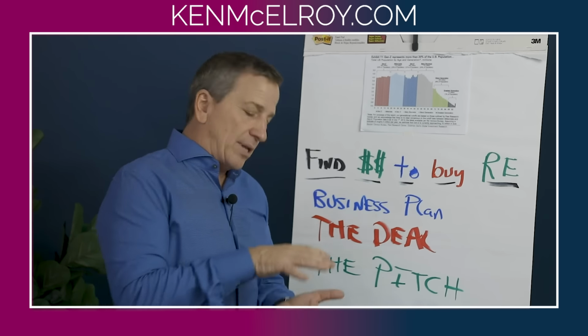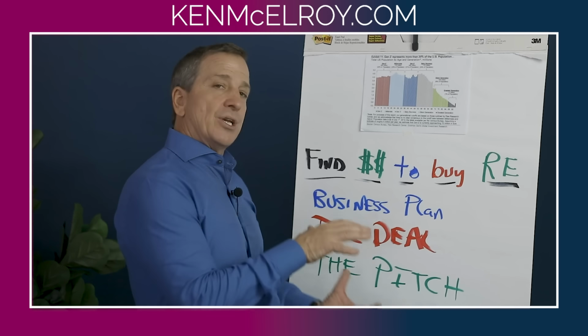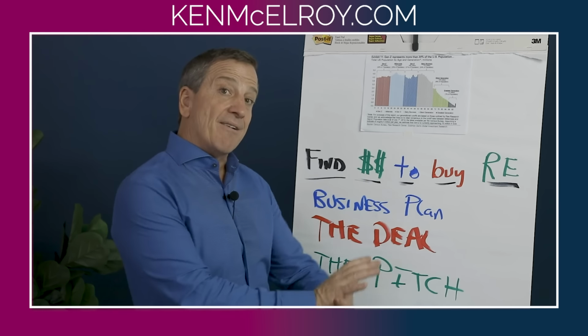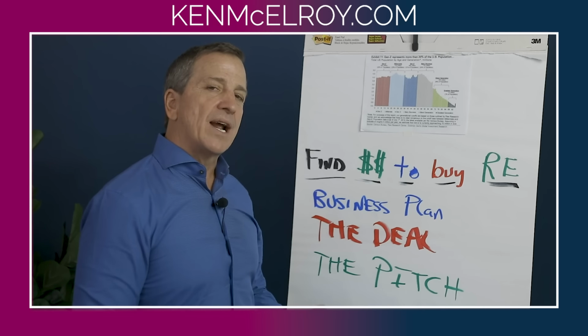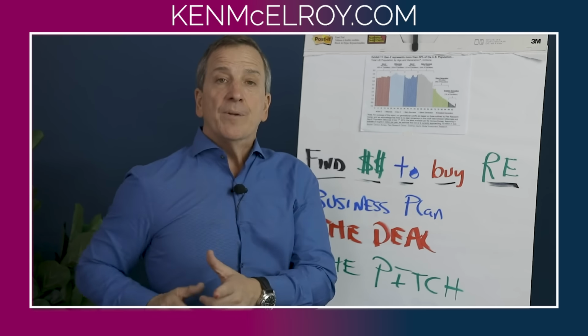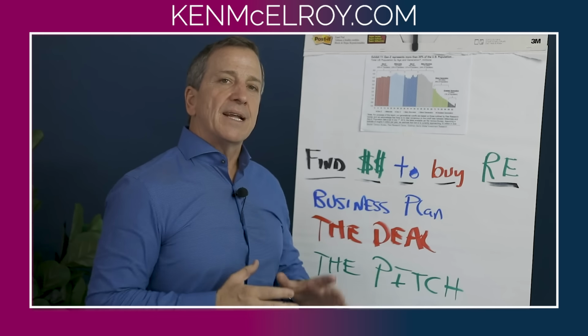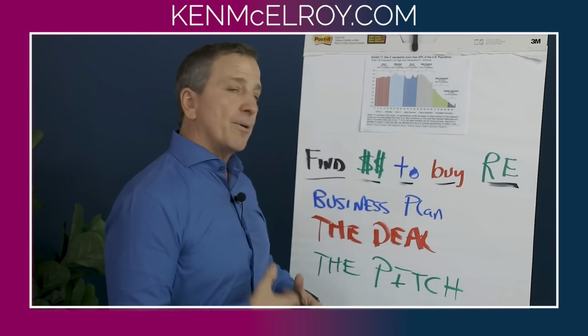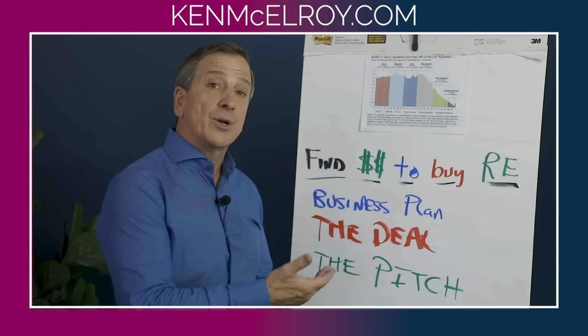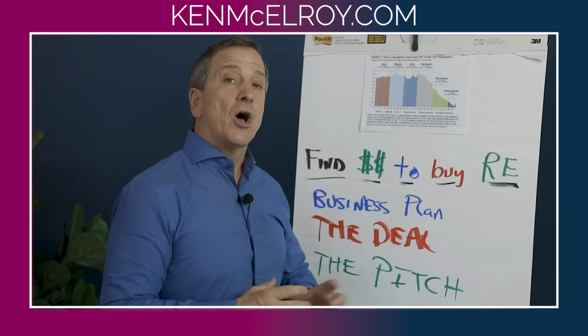And so now, let's say you have your business plan together, you understand your deal, you understand how far you can go and how little you can go, and now you're into what I call the pitch. Now the pitch happens in multiple things. Let's say you're trying to raise $1 million. Okay, so the pitch might be to 10 or 20 or 30 investors, all different.